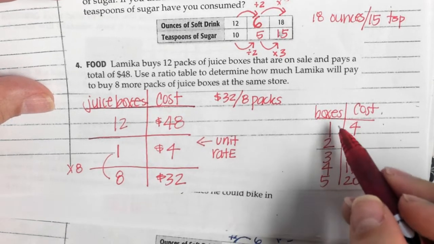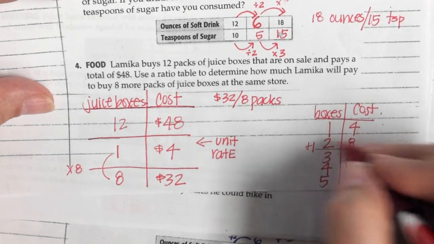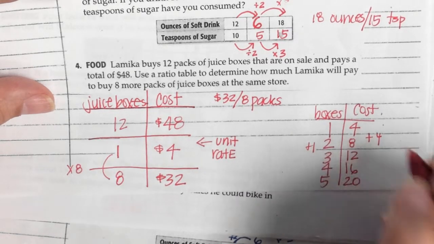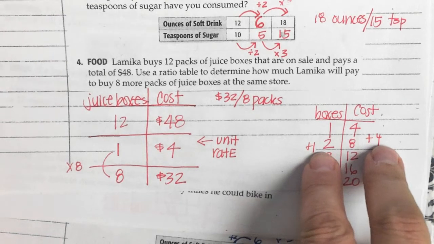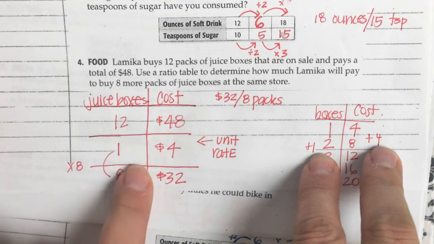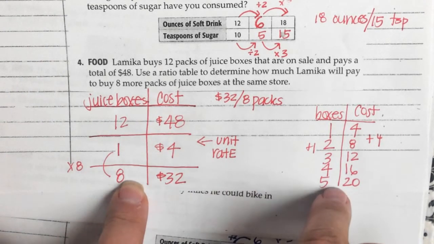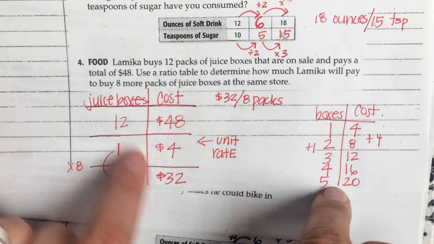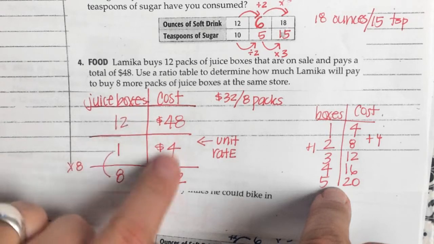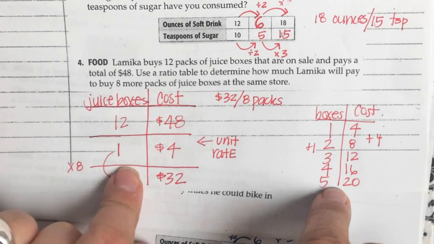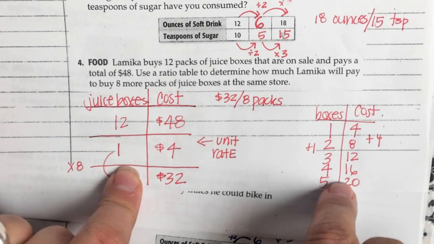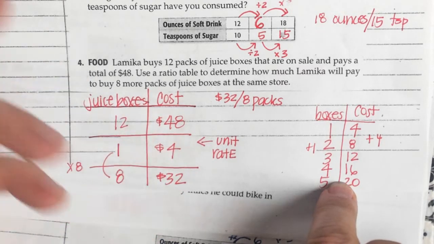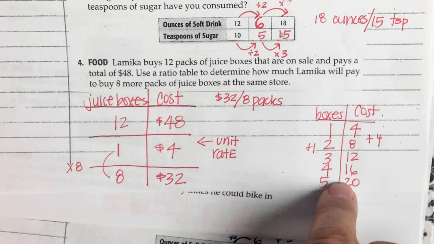Do you see how each time I'm adding 1 here and each time I'm adding 4 here? That's our 1-to-4 ratio. That's what you're doing over here, just shorthand. Because look, we would have had to go down to 8 boxes before we got to our 32. So this is much shorter than what we're doing over here. So I am this time actually providing you with a shortcut.